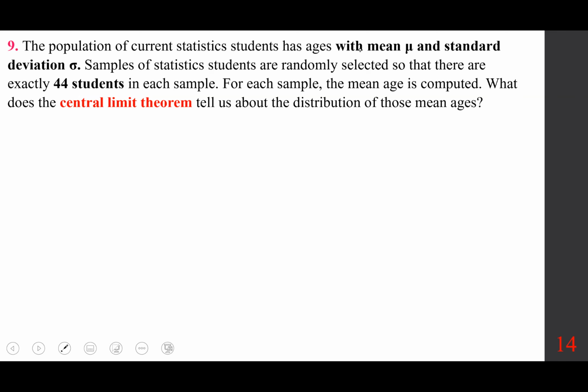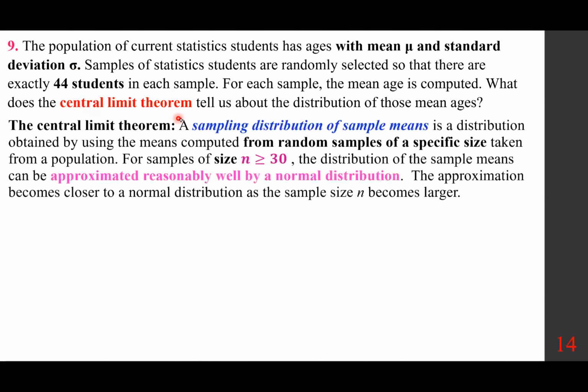Excellent. So with the mean mu and standard deviation of sigma, we want to discuss the central limit theorem. The central limit theorem: a sampling distribution of sample means is a distribution obtained by using the means computed from random samples of a specific size taken from a population.